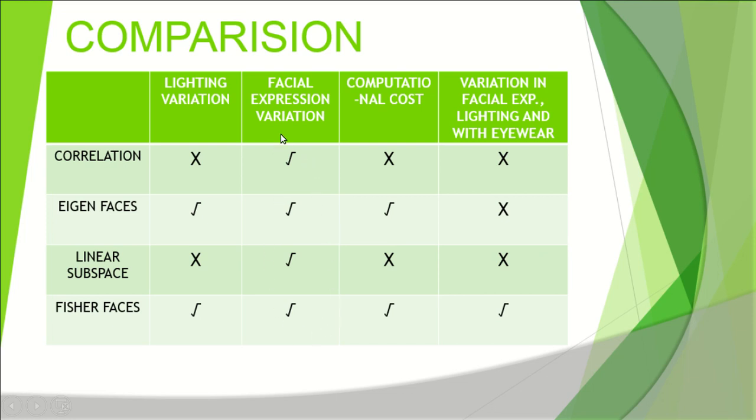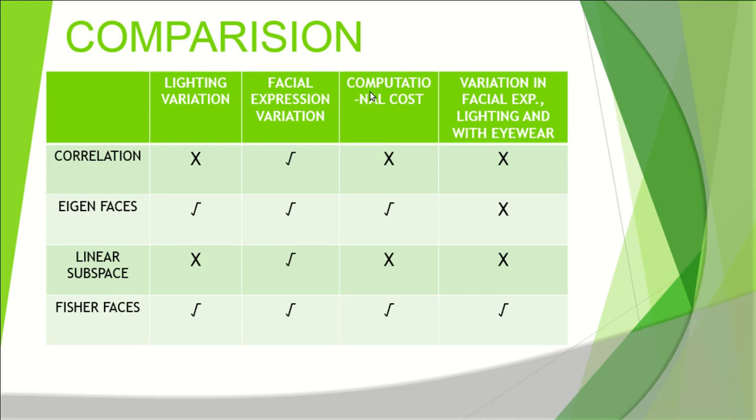Here in the facial variation, it was assumed that all other factors were constant. I mean, they had uniform lighting, they did not have any occlusions or obstacles in front of the face, and the images were all used in a standardized format that is similar to the training set images. Then in this scenario, all the 4 methods seem to perform well.